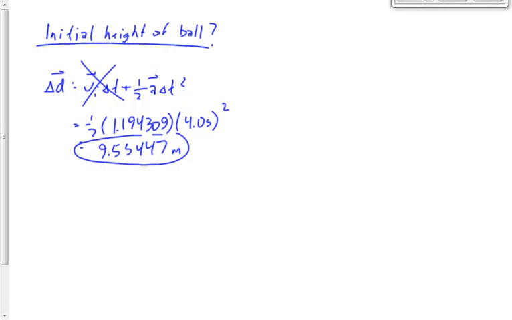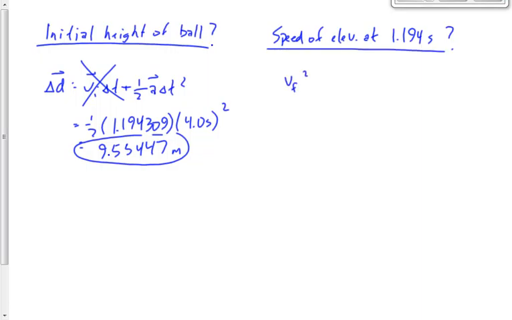So let's get the speed of the elevator at 4 seconds. For that, I'm going to say VF squared is equal to VI squared plus 2AD.